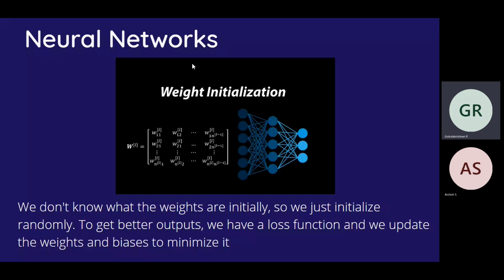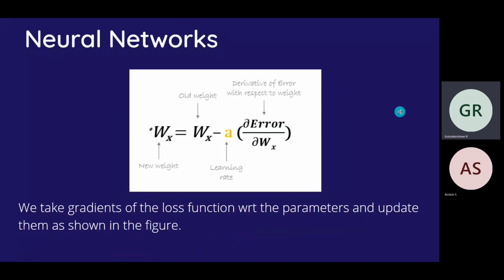You can think of a paraboloid where the z-axis is the loss function, and the x and y axes are 2 parameters maybe. You just start at some random point of that upward facing paraboloid, and traverse through it to get the minimum of the loss function. So that's how you initialize weights.